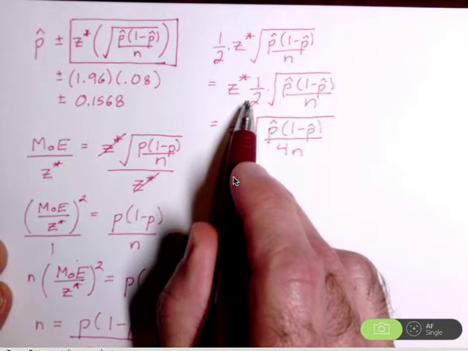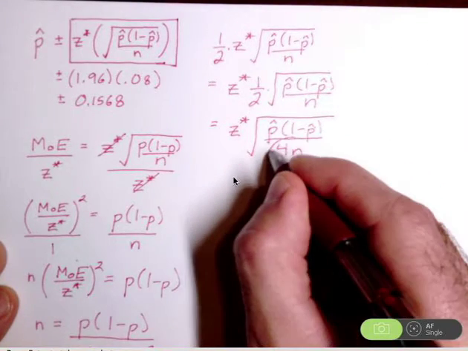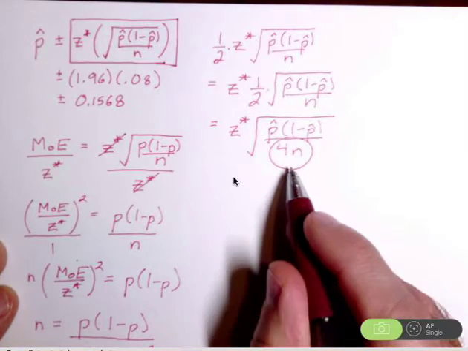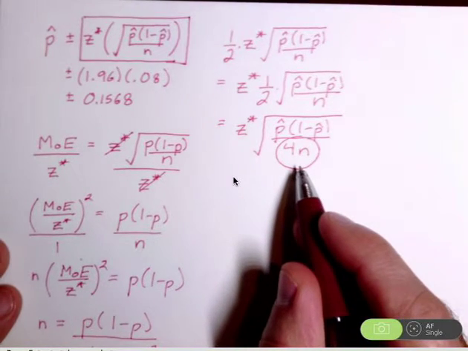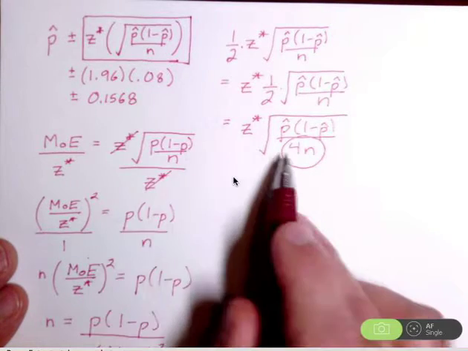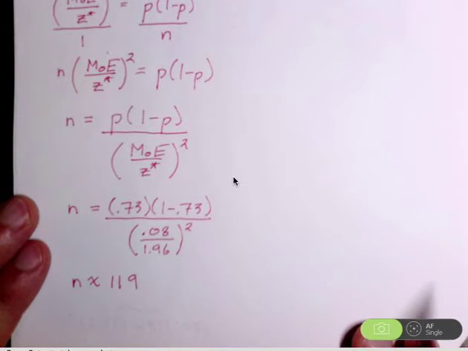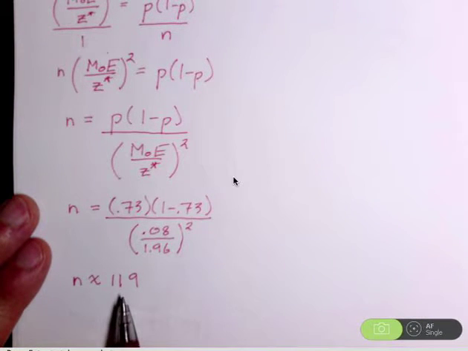Well, notice, to get half of the margin of error, what I need is 4n. I need 4 times the sample size. The original sample size that we used was 30. 30 times 4 is 120. So our calculations gave us a value of 119, and indeed understand there are some things that have been rounded here.